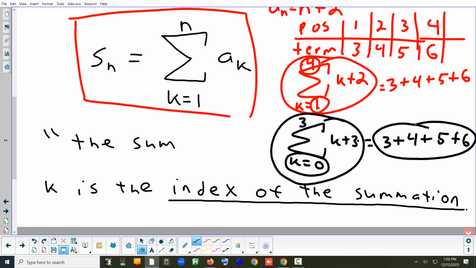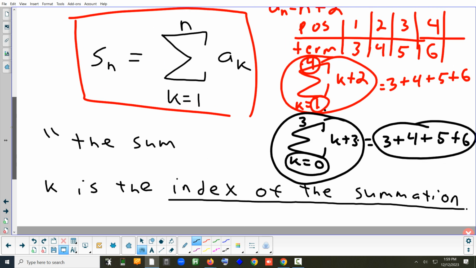You could start at 0, you could start at 1, you could start at 2. You can start at any number you want. You just have to keep adjusting your formula to make sure it still gives you 3 plus 4 plus 5 plus 6. But I would say 1 is the most common place to start.